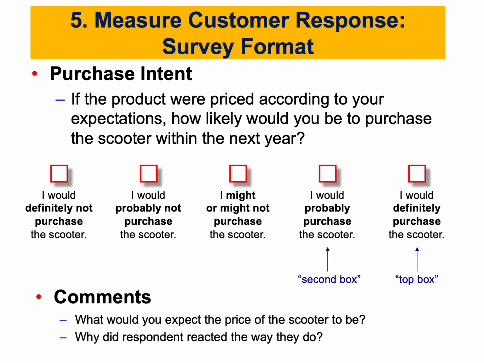Okay, after that, let's say we have a survey and the people we are interviewing are possible customers. Now the 5th step in the process of concept testing is something called measuring customer response. This is done from the survey itself, within the survey format that we are creating.